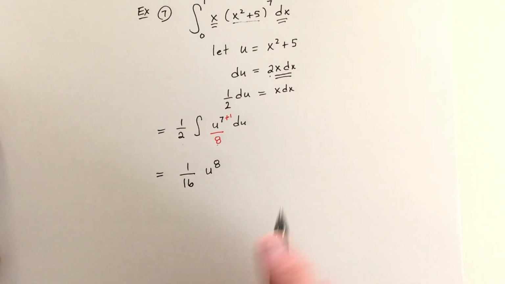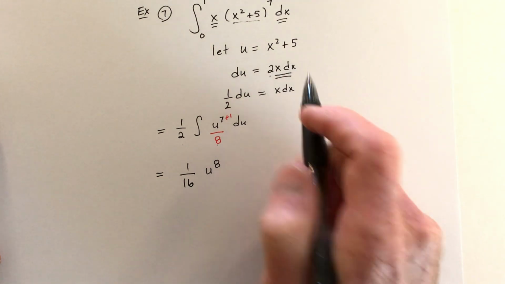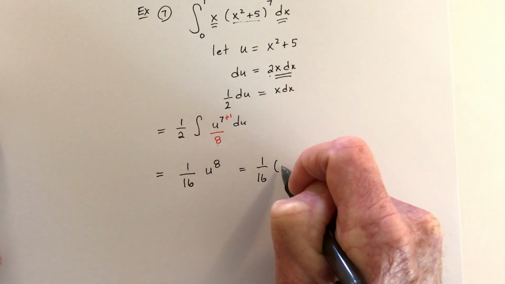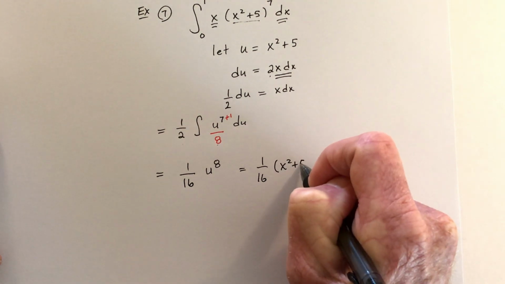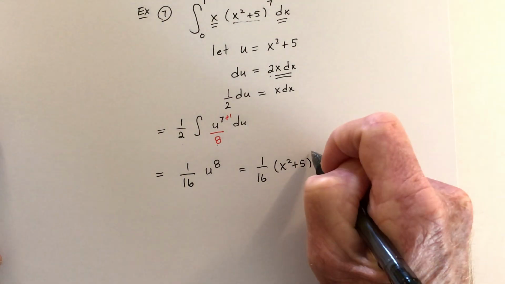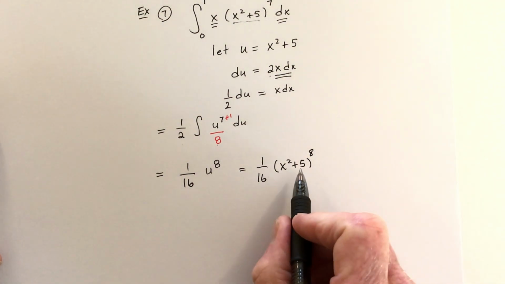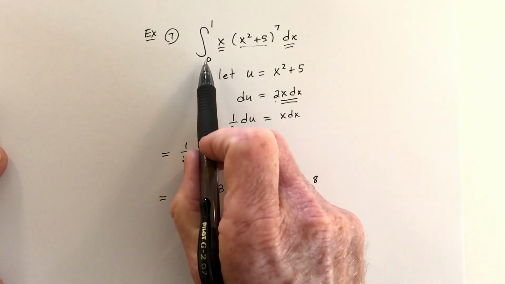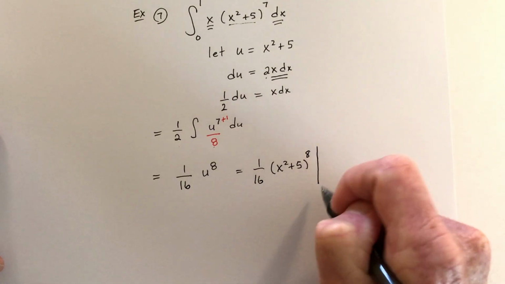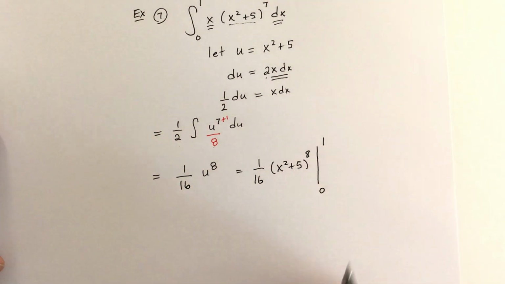All right, now replace the u with the x squared plus 5. So this means that it's 1/16 of x squared plus 5 replaces the u, and then the 8 power is still there. And now that I'm back to x's, I'll now put the 0 and 1 back. So put the straight line, have it go from 0 to 1.